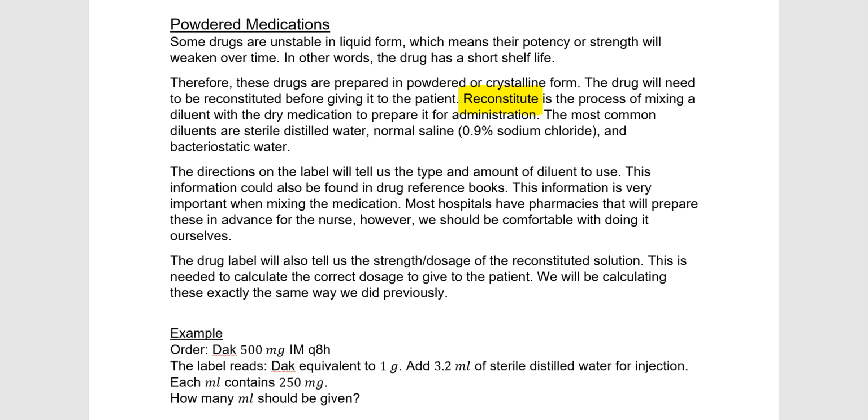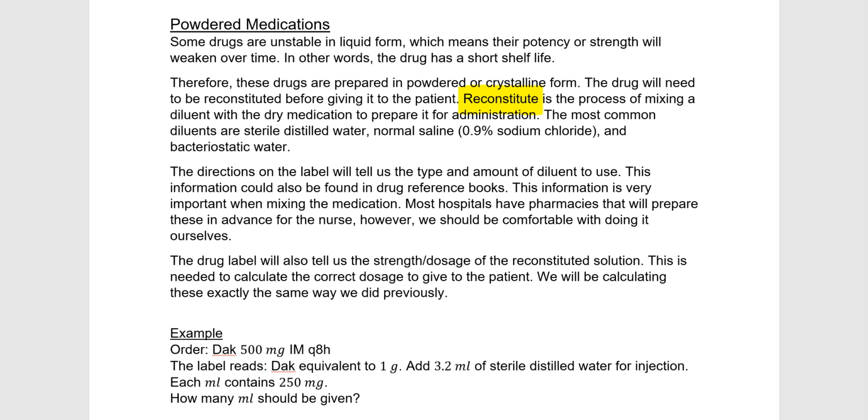So the most common diluents are going to be sterile distilled water, normal saline, and bacteriostatic water. And the directions on the drug label will essentially always tell you the amount of diluent to use for mixing with the dry powder.